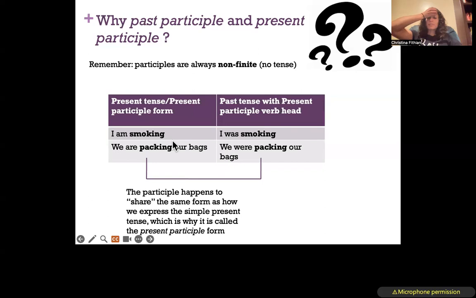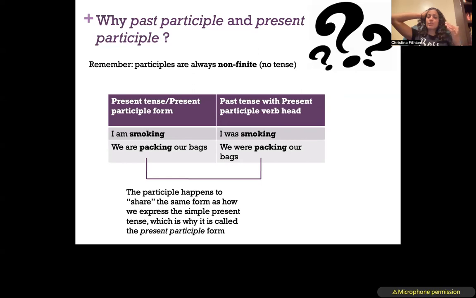But when you think about it, how do we express the simple present? We can't just say I smoke, because that means more like I do it habitually, right? And if I want to talk about something that's actually happening right here, right now, I have to use I am smoking. I have to use the auxiliary be plus a verb in ing.